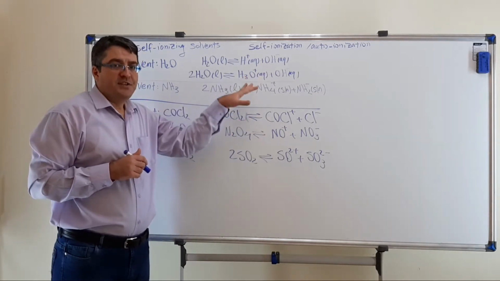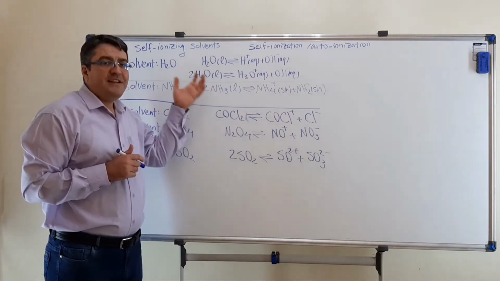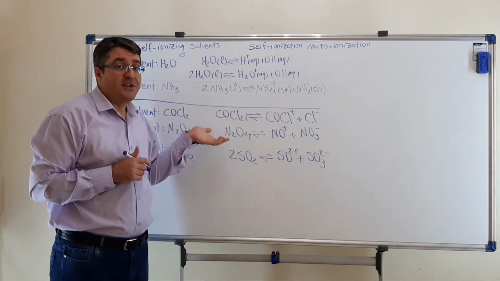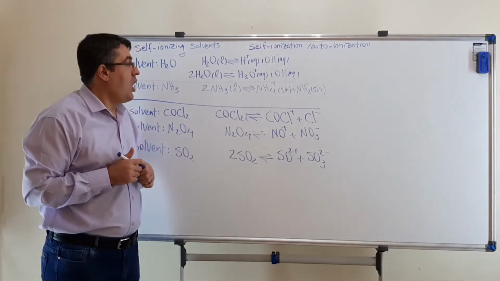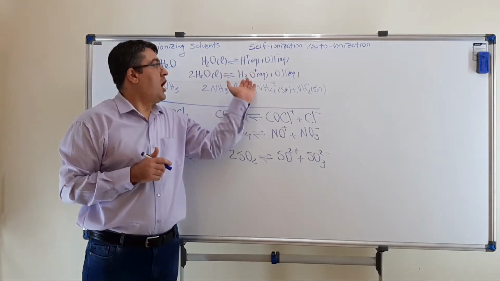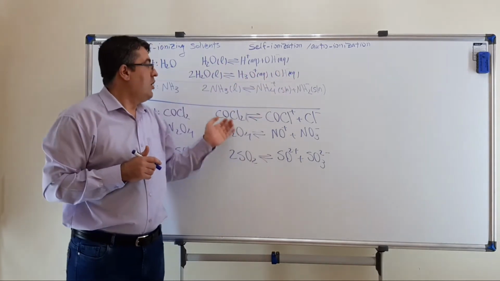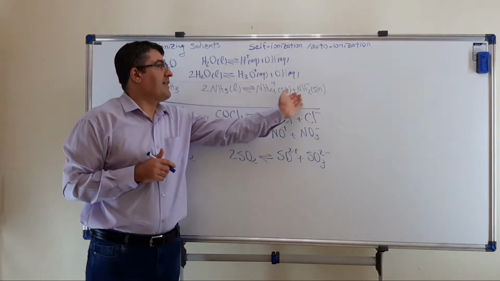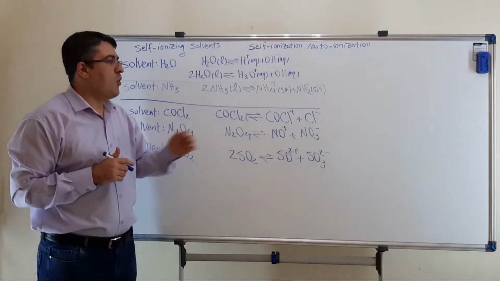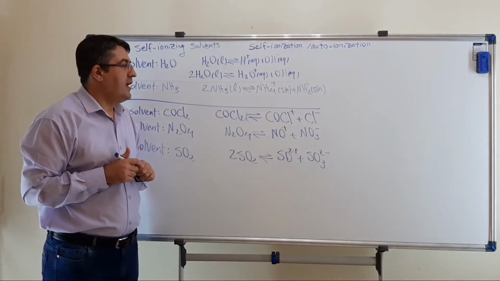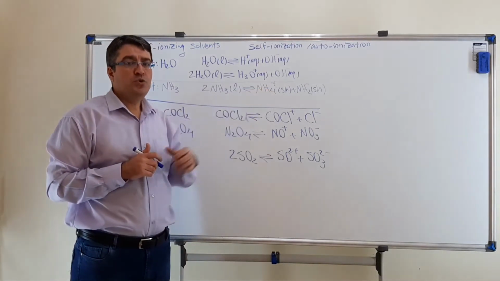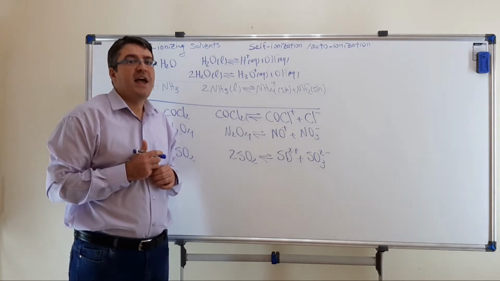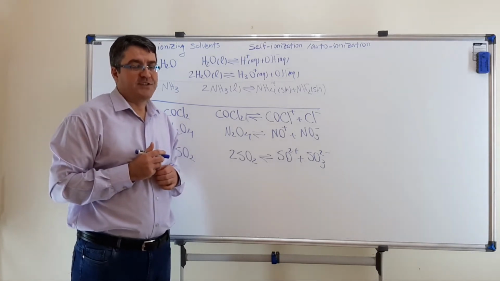Based on these reactions, we can see that every self-ionizing solvent produces its own specific ions in self-ionization reaction. For example, water produces hydronium and hydroxide ions, while ammonia produces different ions, ammonium and amide ions, and so on. These specific ions produced by self-ionization of the solvent are considered as characteristic ions of that solvent.